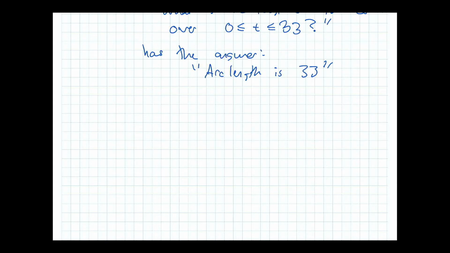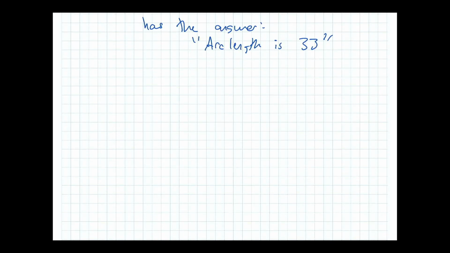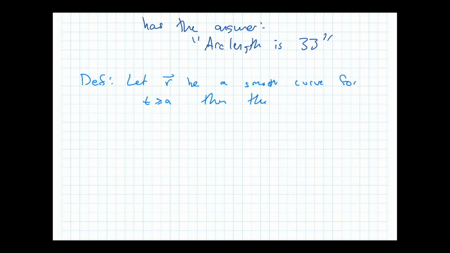Now, if that does happen, then we give it a name. Here's the definition. Let r be a smooth curve for t greater than a, then the arc length function, we already defined this, but I have some other stuff to say.